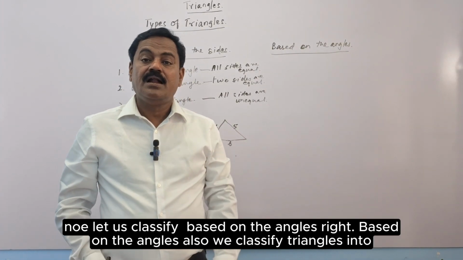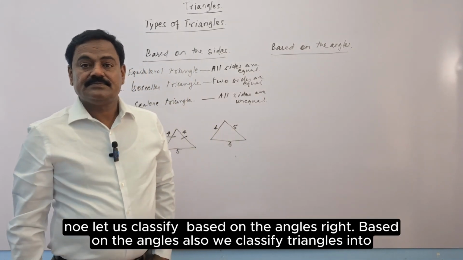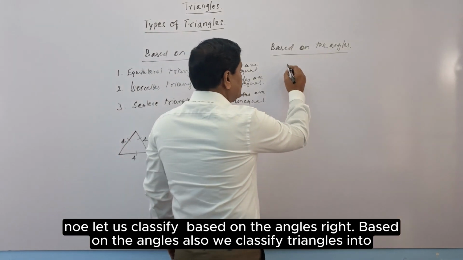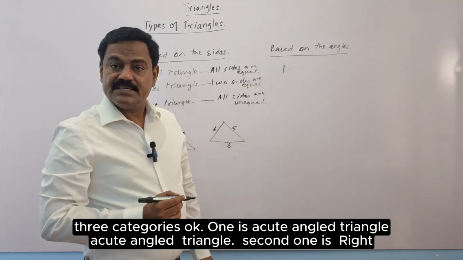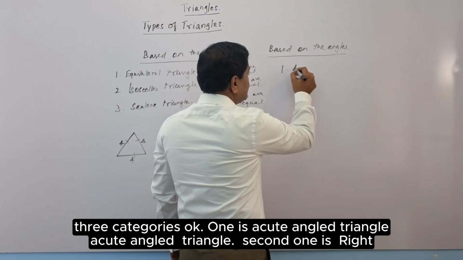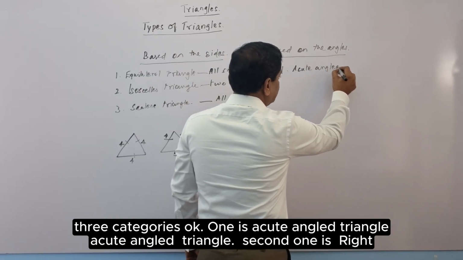Right, students? Now let us classify based on the angles, right? Based on the angles also, we classify triangles into three categories. Okay, one is acute angled triangle.